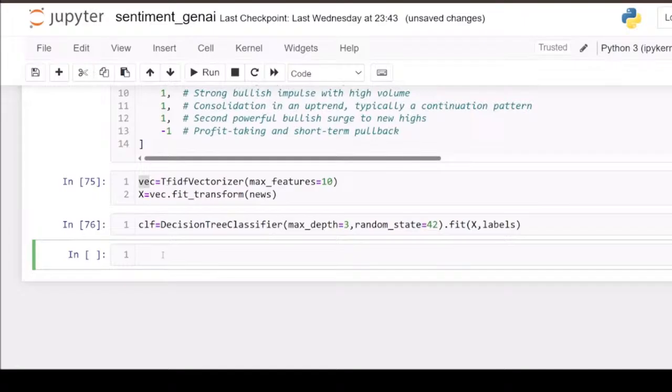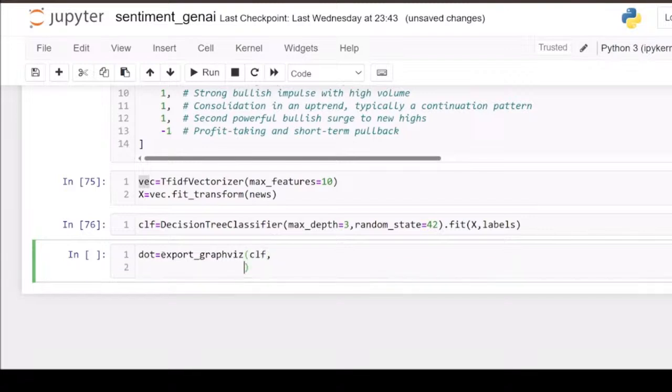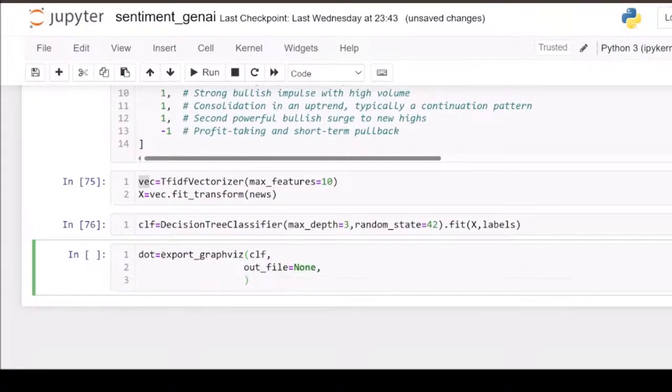Now we have to call our dot. In this dot, like we already called export_graphviz, in this graphviz we have to say about the clf, and our out_file equals None, and we have to say about the vectorizer.